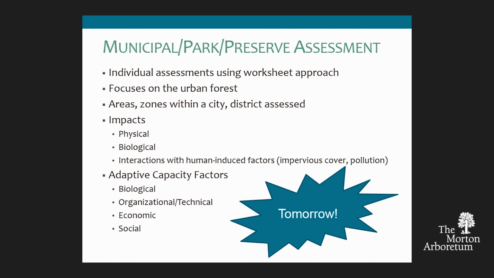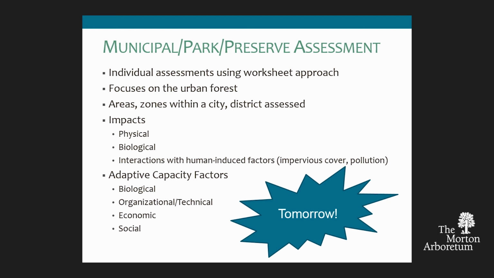And we're using a worksheet approach where individual managers are walked through a set of questions about the regional impacts and what about their system in particular might make them more or less vulnerable. It allows them to divide this assessment up by geographic areas or different residential versus commercial zones.